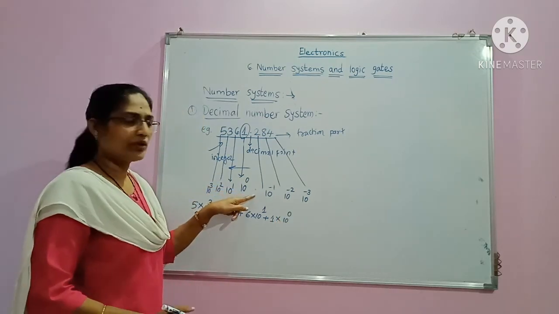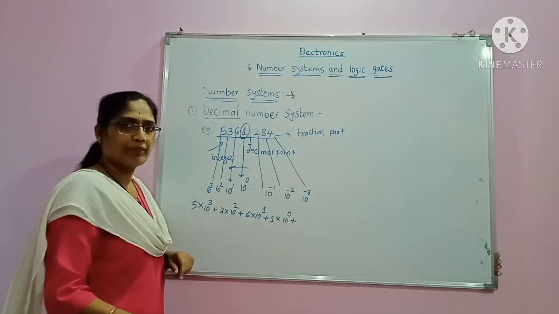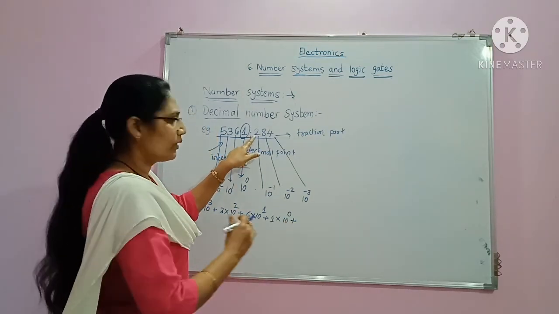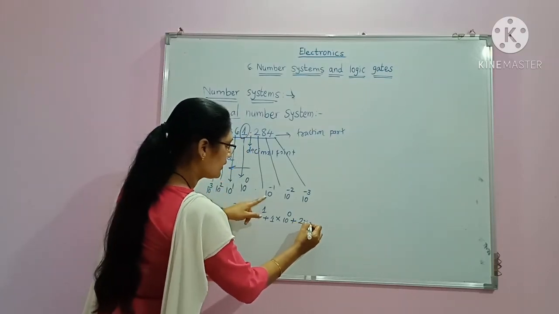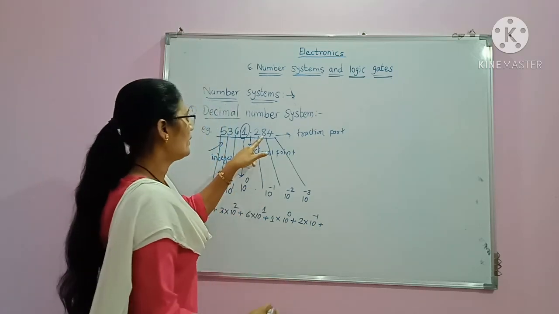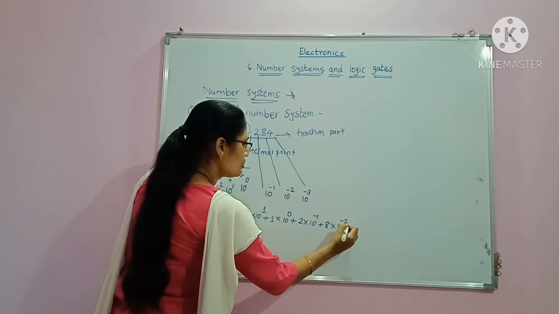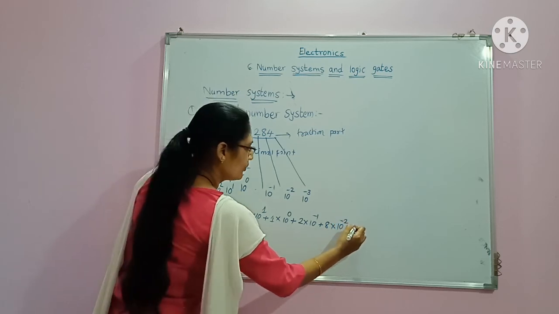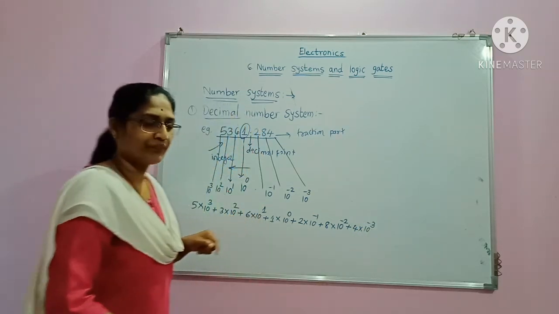Now here is the decimal point, but we want to find the actual value, so we have to put a plus sign. Now in the fraction region, I have to multiply 2 with 10 raised to minus 1. Then add: I have to multiply 8 with 10 raised to minus 2, plus I have to multiply 4 with 10 raised to minus 3.